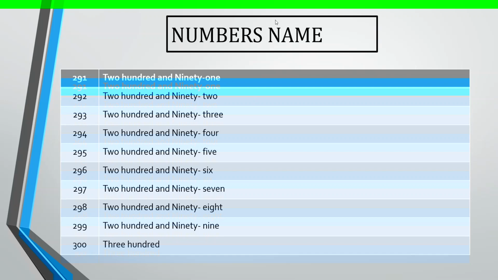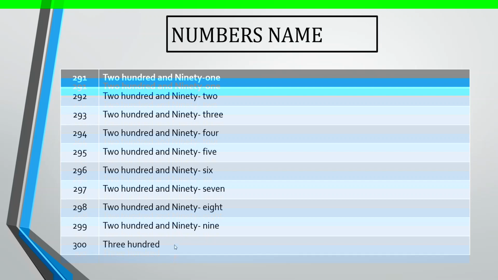Okay, students, you can see this screen? In this screen is the numbers name from 291 to 300. Let's anyone please count the number from 291 to 300. 291, 292, 293, 294, 295, 296, 297, 298, 299, 300.